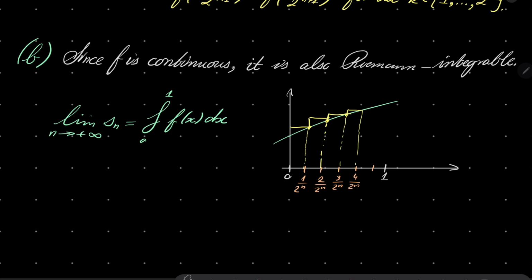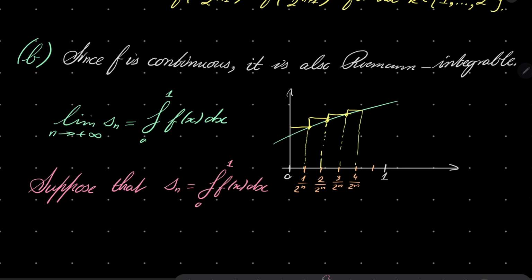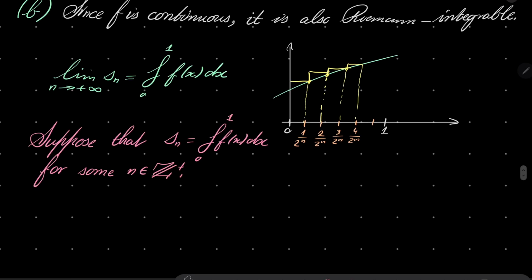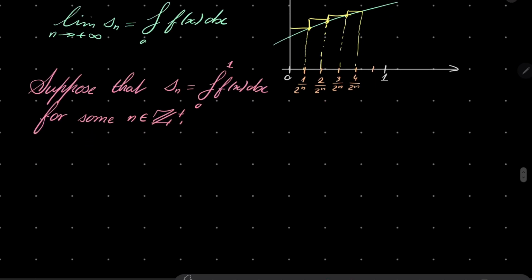Now, suppose that we get our equality faster, not in the limit, but Sn actually equals the integral of f of x dx for some positive integer n. What then? Notice that we have the following chain of inequalities.